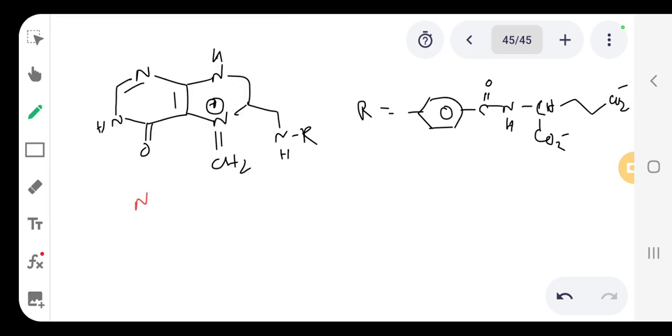Now what is the second one? Second one is this. So what actually happens for the second one? This nitrogen attacks here and this opens up. So that produces the second one. Right? So when the structure is done, you will come to know.